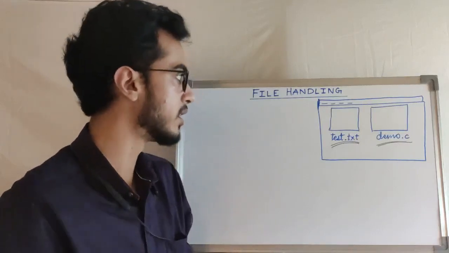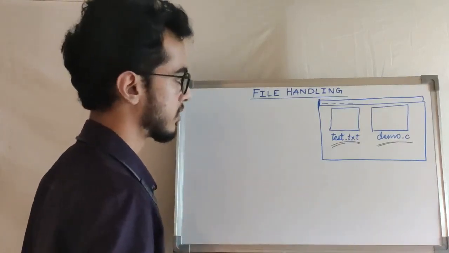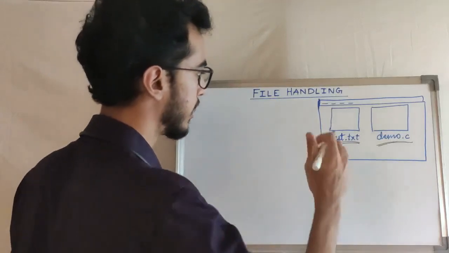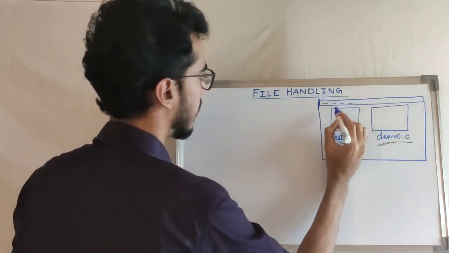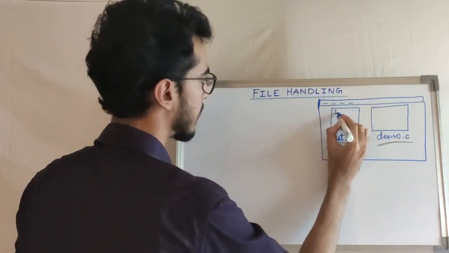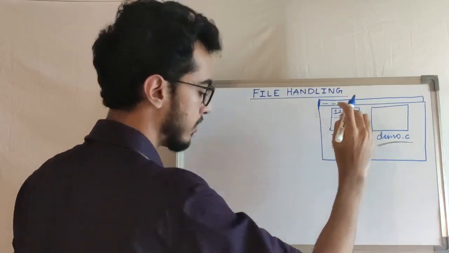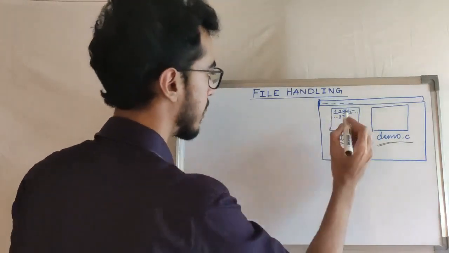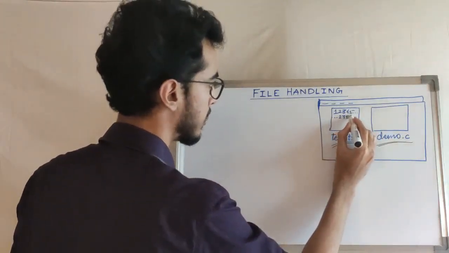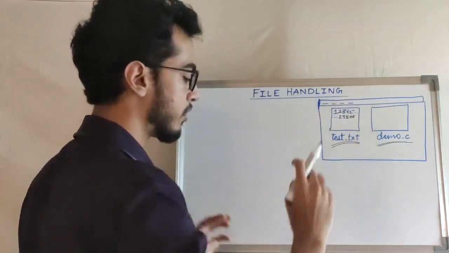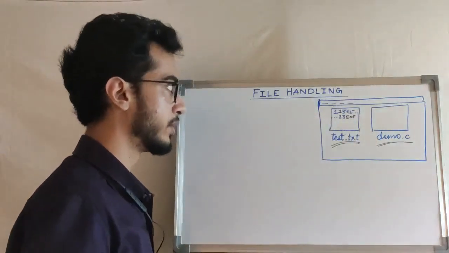Now we'll see. Let's say some data is already present in my test.txt, some numbers. And at the end, what I will have here is EOF. This EOF is not visible to a computer user.